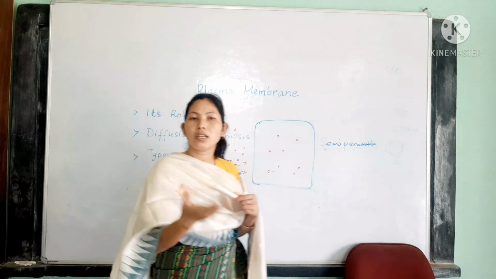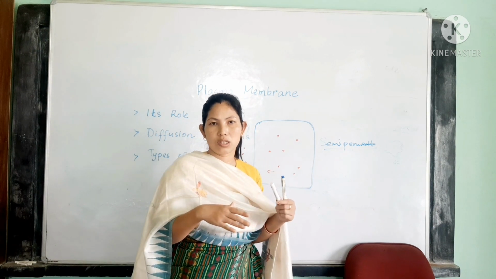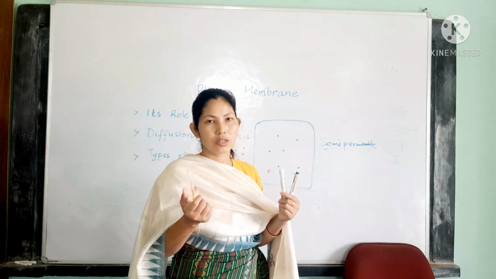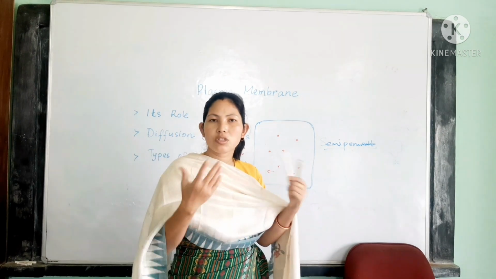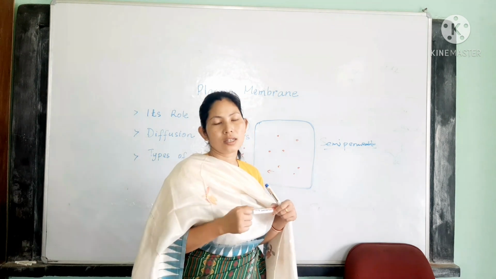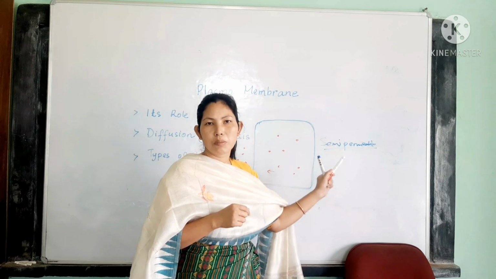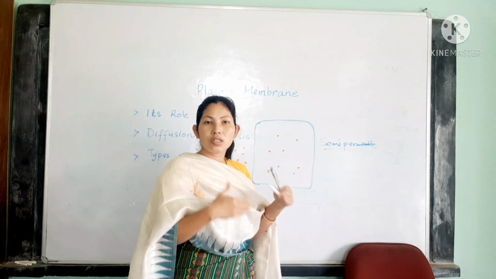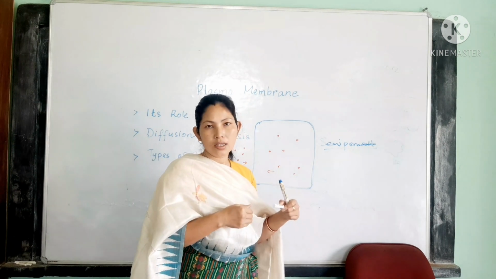But this coming in and going out of molecules is not that easy because of the plasma membrane. The plasma membrane does not simply allow any molecule to enter or exit the cell, right? That is why it is known as a semi-permeable membrane. That is, it allows molecules to selectively enter and exit the cell.